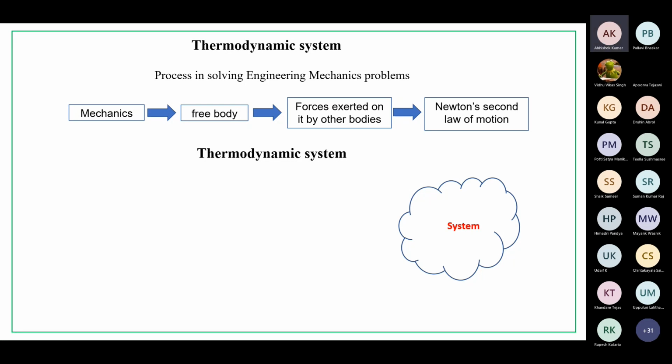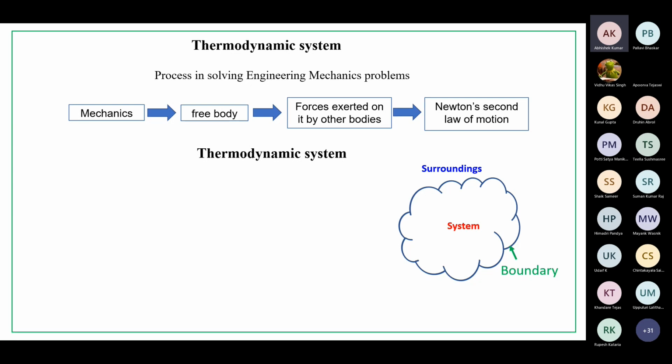Along with the system, we have to define certain other things also. Whatever the outer surface of your system is, we call it the boundary. This is your system, this is your boundary. Then, of course, there is the surrounding. Like your home, around which you have a compound wall.